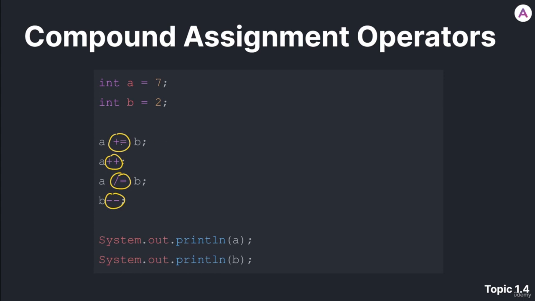This can seem confusing, but it's the same thing as what we saw last time, which is A equals A plus B. Whenever you see any operator that we discussed earlier, so plus, minus, the multiplication star, division, and modulus, followed by an equal sign, that means you take the value on the left-hand side and expand it to this form, and the operator is determined by whatever's here. So in this case, it's A equals A plus B.